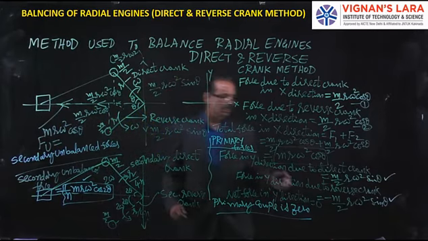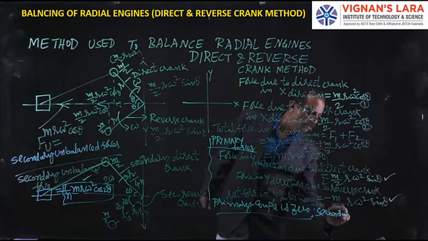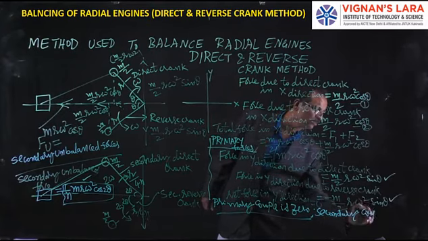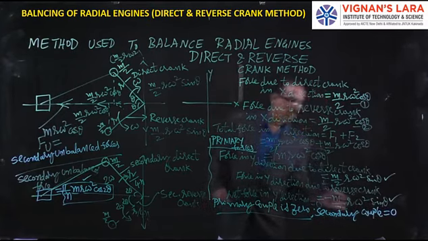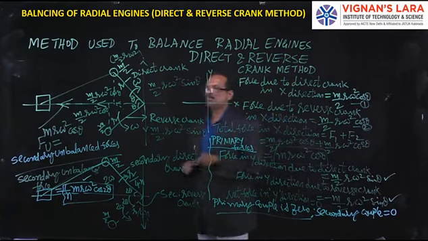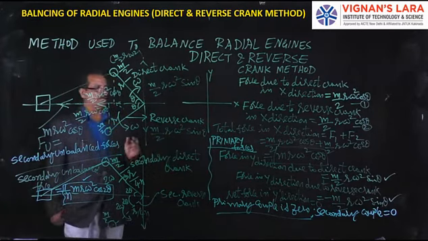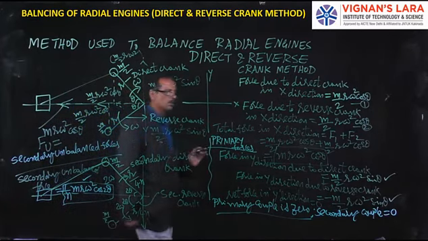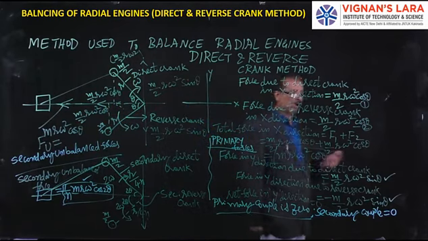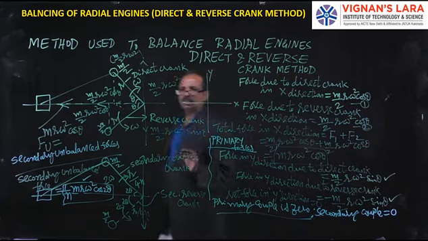And secondary couple is also 0. So in the case of radial engines and V engines, we need not bother about couples, both primary as well as secondary, because all the connecting rods are revolving in the same plane, hence there is no couple.